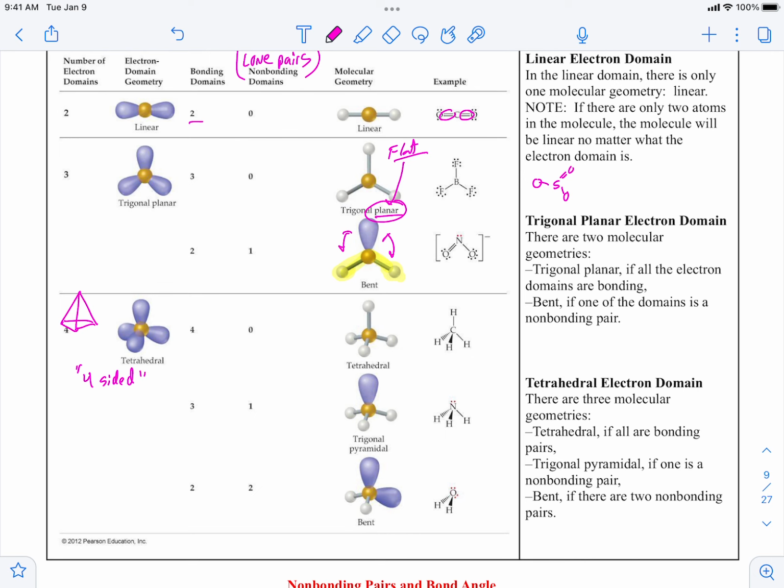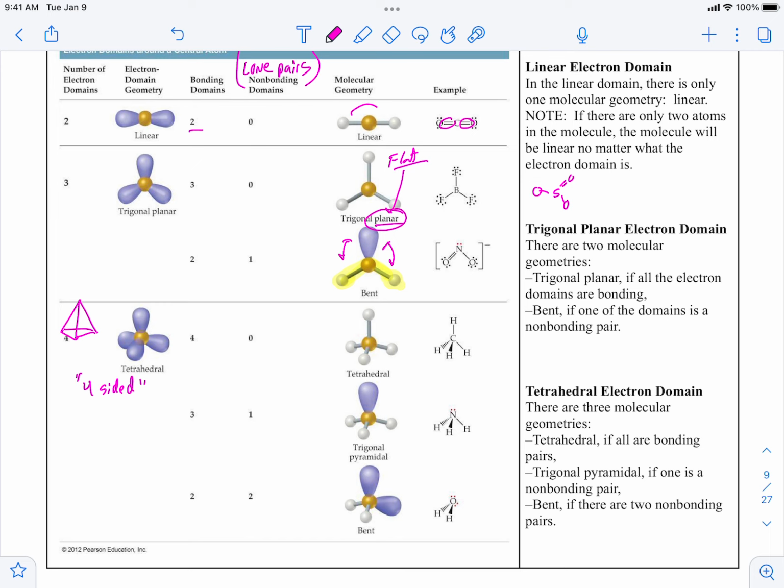Now, angles. You do have to know the angles. Let's back up. The linear angle, 180 degrees. Again, that is the bond angle, so that is the angle between the atoms that are bonded. Trigonal planar is 360 degrees divided by 3. So each one of those angles is 120.